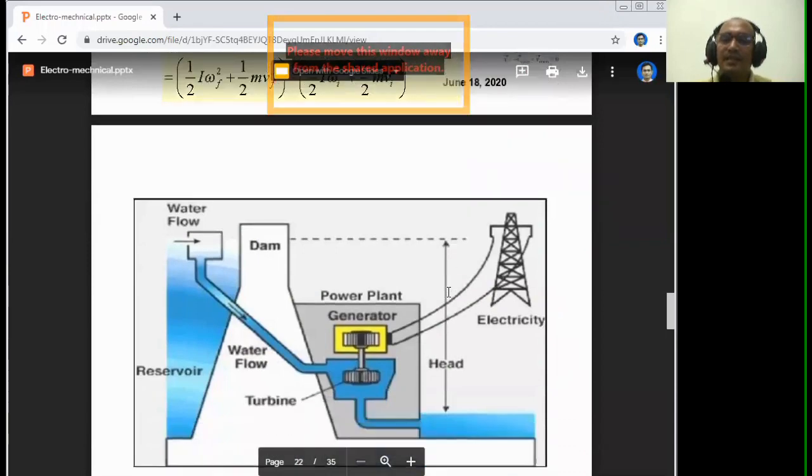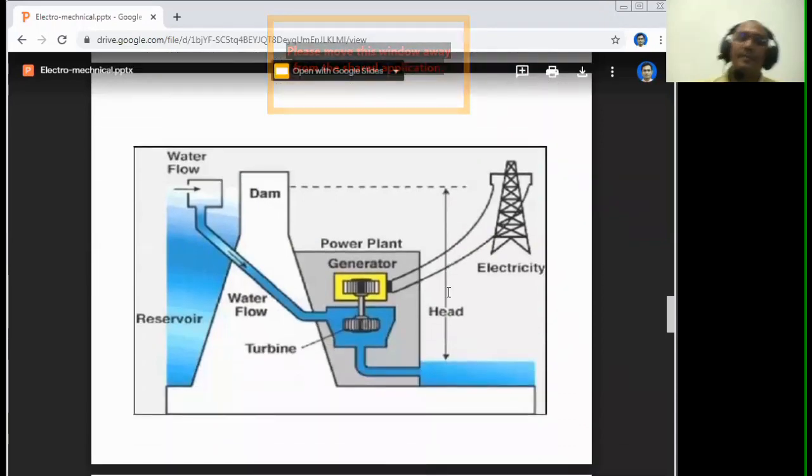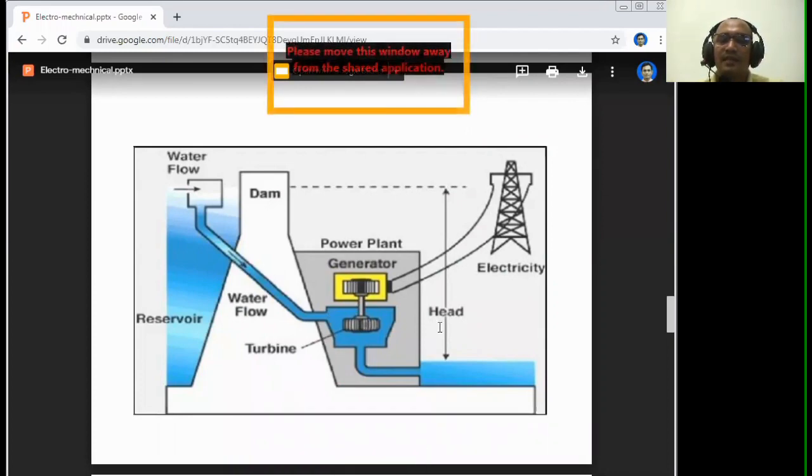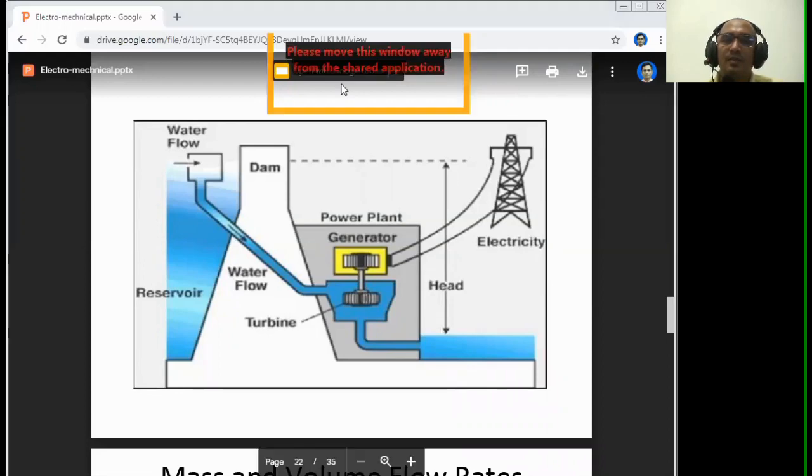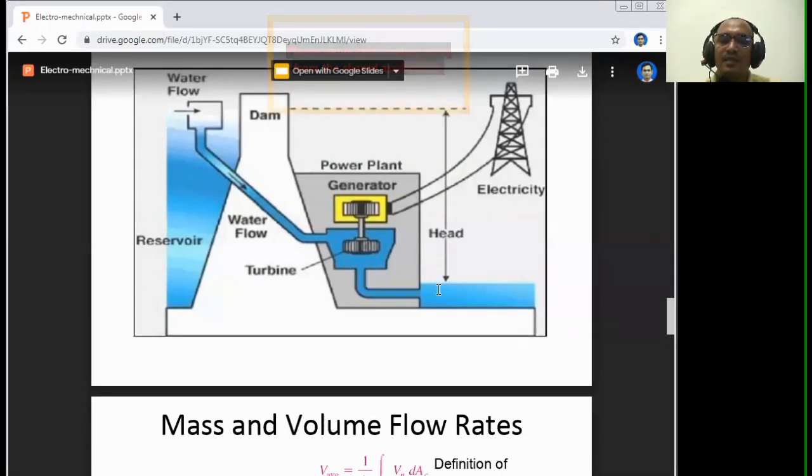So the practical example of transfer of mechanical energy to electrical energy is hydropower. It is the way that water flows, or mass flows, through a certain cross section as a volume flow. It rotates the turbine as mechanical energy, then eventually it is coupled with the generator and transferred into electrical energy. So this is the process showing how mechanical energy or applied mechanics knowledge is important to design such prototypes or hydropower systems.